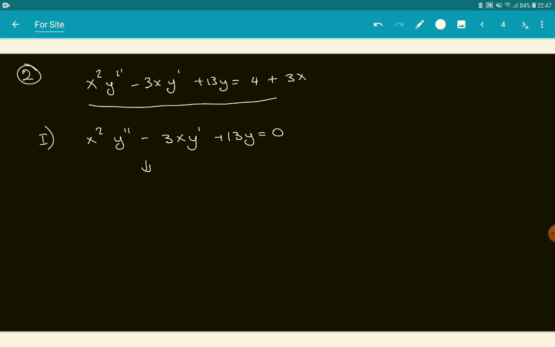Then we need to write the auxiliary equation. However, see that this one has a much easier way. Because it's double prime with x squared, and y prime with x, we can say it is homogeneous.